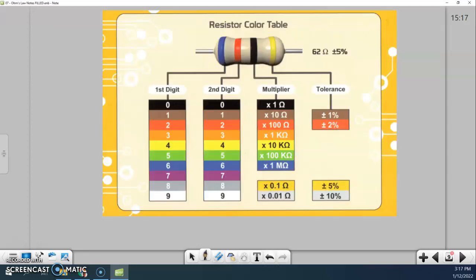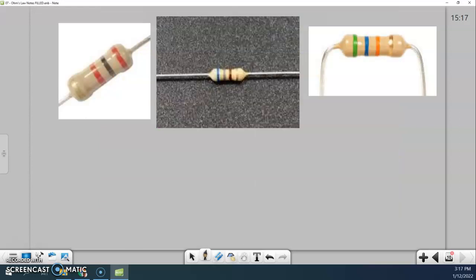So basically what you're doing is you're looking for shiny. You're looking for the shiny band. That's going to be your last one. So if I look here, this is my shiny band, which means this is band 1, this is band number 2, that's my multiplier.